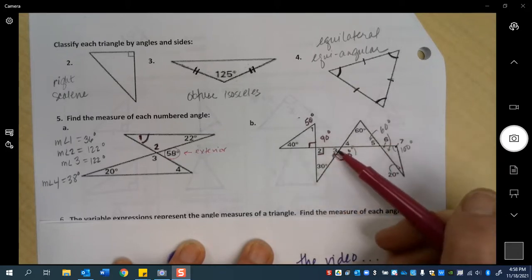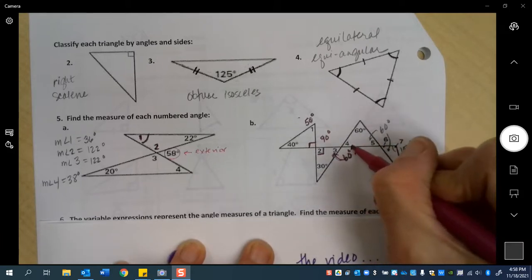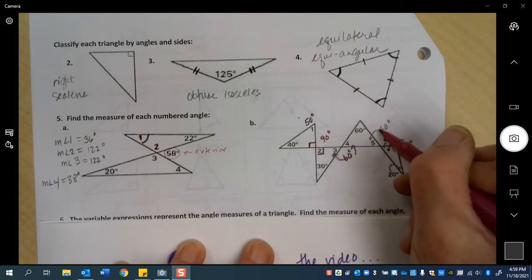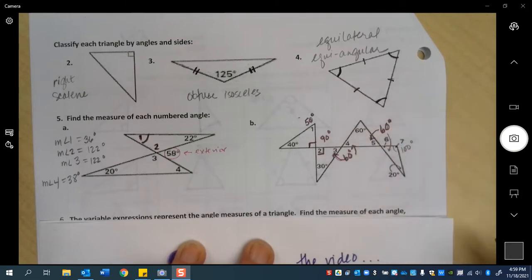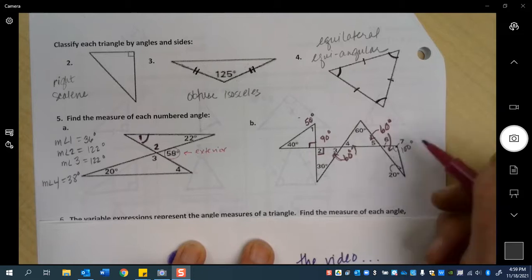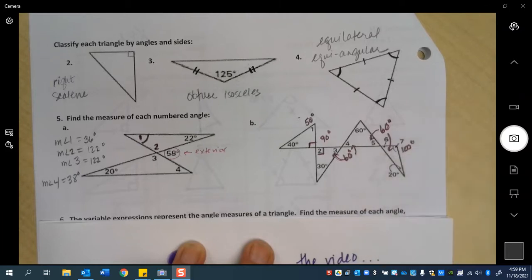This is because 3 and 30 are going to be complements. 3 and 4 are vertical angles. And once I have a 60-degree angle here and here, I know right away that this triangle is equilateral, so therefore 60 degrees. And that's going to be the same for angle 6. If I have a 60 and a 20, that leaves angle 7 being 100 degrees.